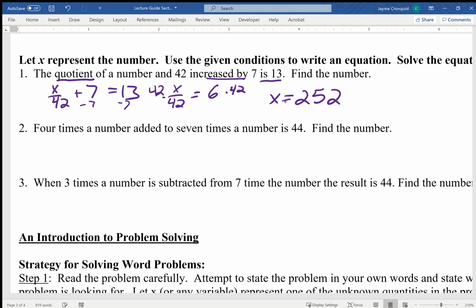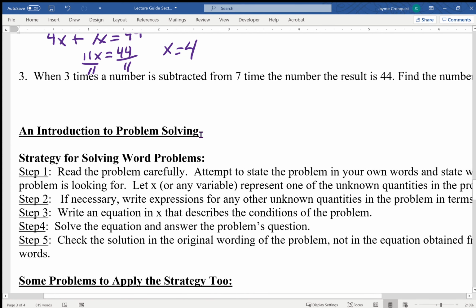And there we go. All right, 4 times a number added to 7 times a number is 44. So I put these together and I get 11x equals 44. I divide both sides by 11, that's a 4, and I get x equals 4.